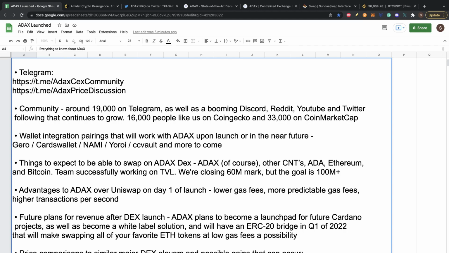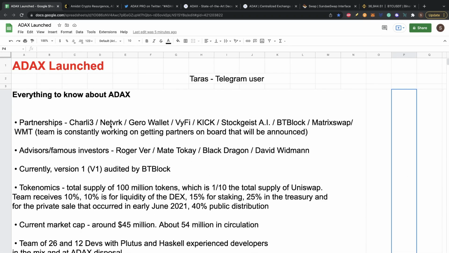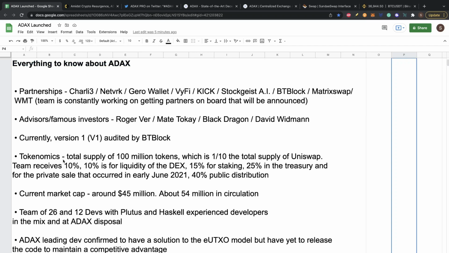Price comparisons to similar major DEX players and possible gains that can occur: Uniswap did 30x, SushiSwap did 45x, and PancakeSwap did 100x from original listing prices. So this is a summary of many things happening on ADAX, and that will be all my coverage for this, guys.